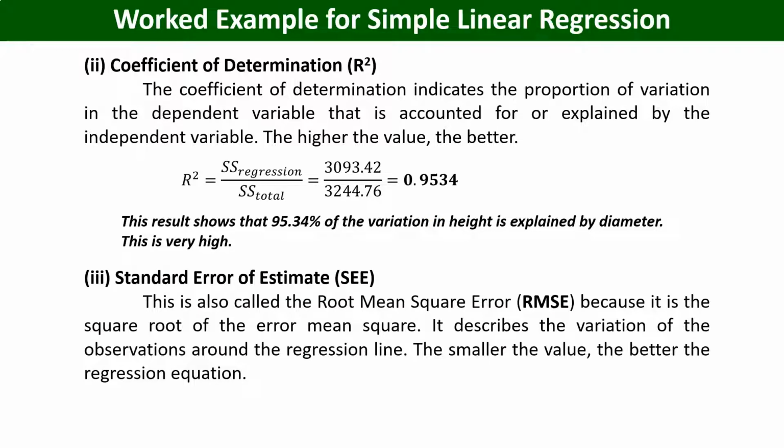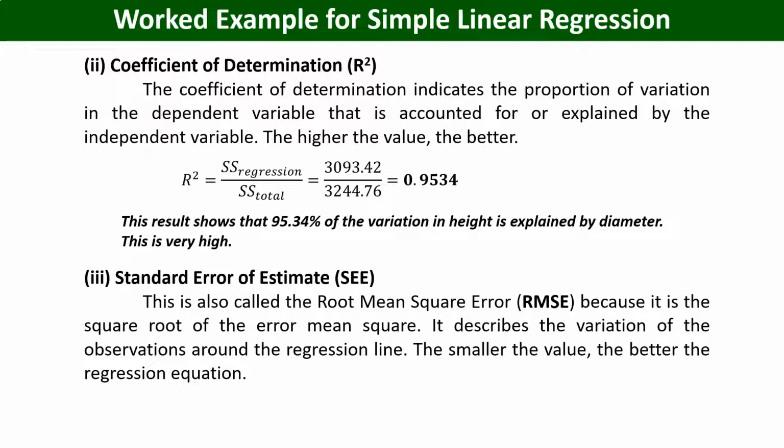Next is our standard error of estimate, SEE. Standard error of estimate is also called the root mean square error, or RMSE. That's another term for it, because it is simply the square root of the error mean square. So from our ANOVA table, you remember we have mean square for error. So if we just take the square root of that, it will give us the RMSE. So RMSE describes the variation of the observations around the regression line.